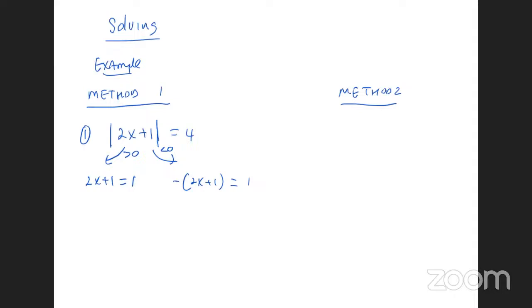When you solve this, you'll get 2x is 0, x is 0. Here you'll get 2x plus 1 is minus 1, 2x is minus 2, x is minus 1. That's okay? That's option 1. This method is using definition. This is the one I like. Oh, shucks.